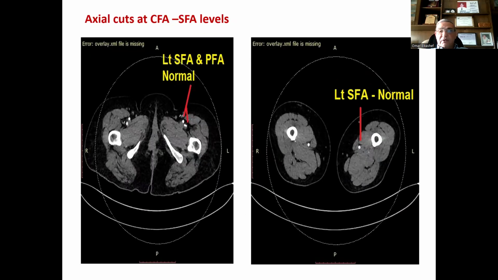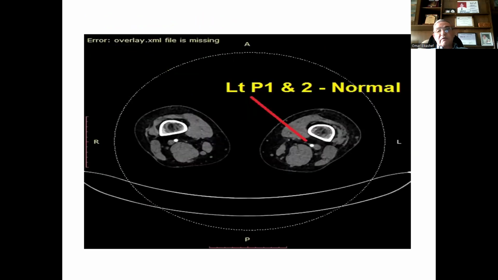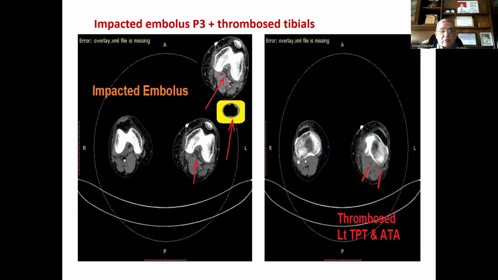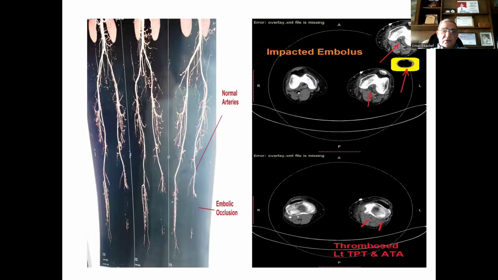The left SFA distally normal, the left P1 is normal and the left P2, but here there is an impacted embolus in P3, left popliteal occlusion, and thrombosed left tibio-peroneal trunk and anterior tibial artery. So looking at the axial cut may help reach the correct diagnosis in cases difficult to diagnose.